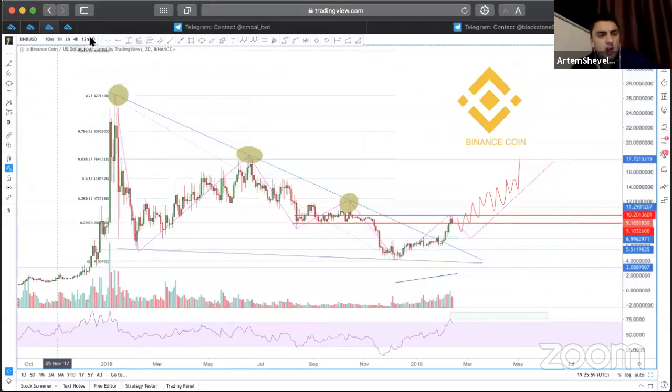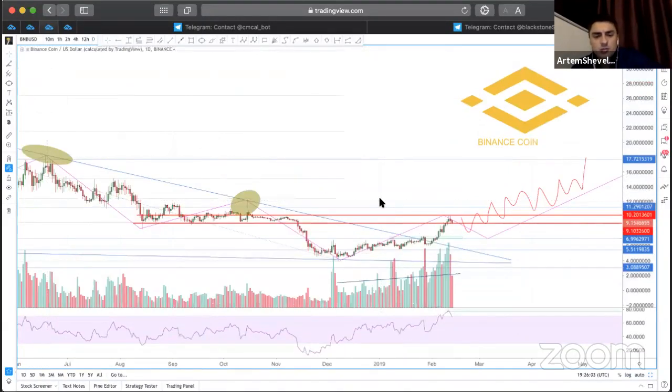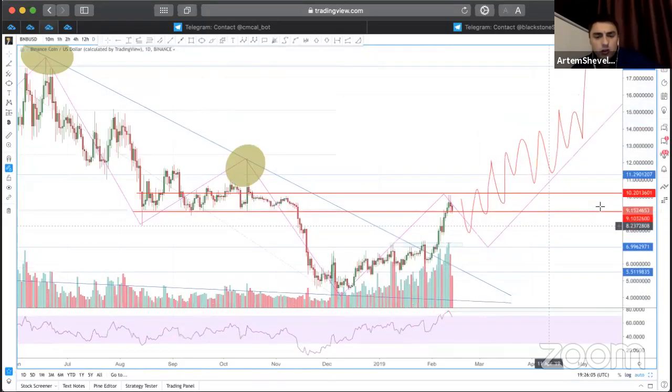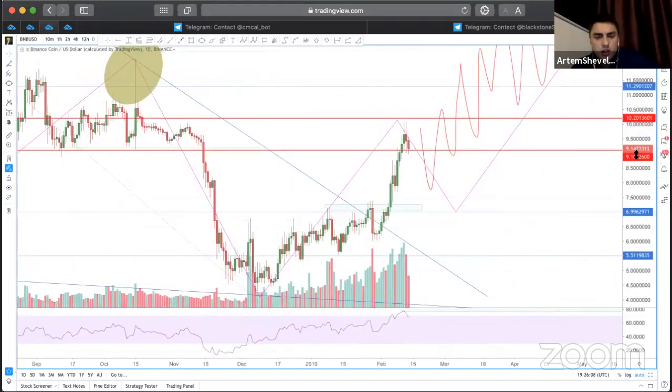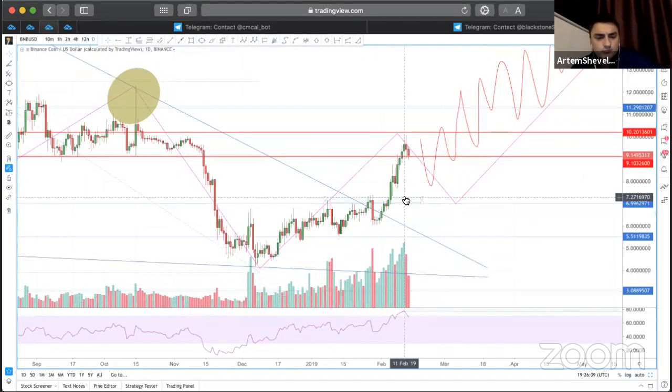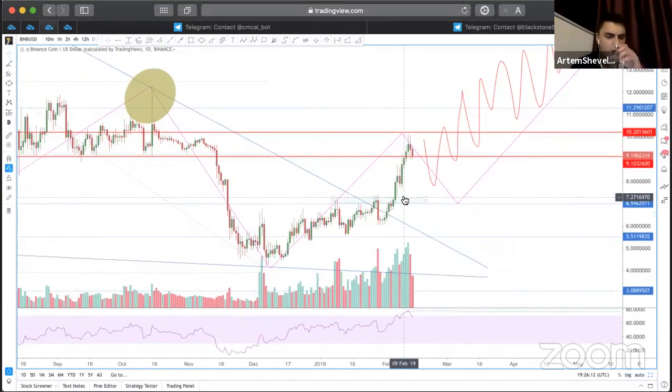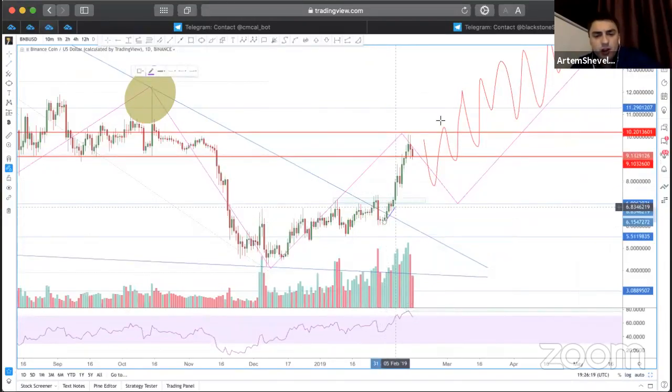This is the 2-day chart. I'm gonna switch to the 1-day chart and try to make it bigger. So as you can see from the trend analysis, the trend is very high in the big angle.